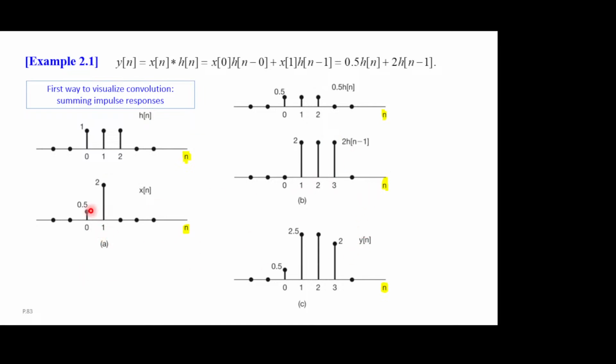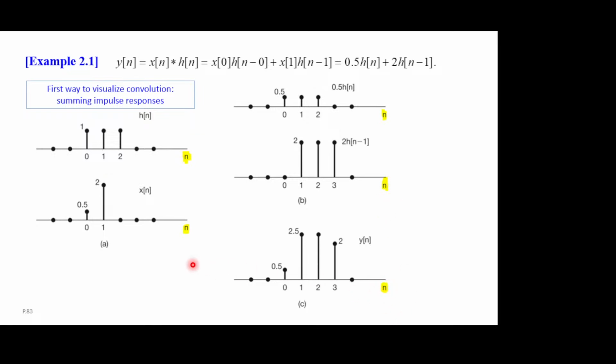So you have the first response of this spike like this, and the second response here. Then adding them together, they look like this: 0.5, 2.5, 2.5, and 2. Okay, so this summarizes overall the LTI view of convolution.